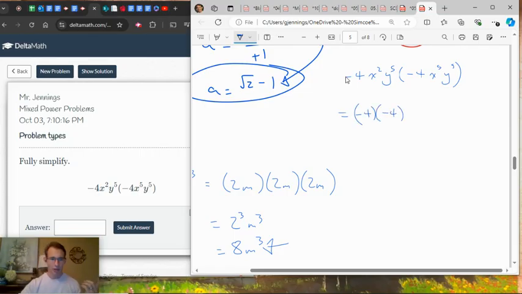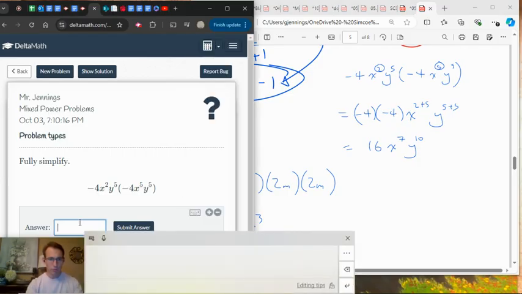You're not going to write this out, but I'm showing you what happens in my head. X to the 2 plus 5, because we add the exponents together in this case. Y to the 5 plus 5, because we add the exponents together in that case. That's positive 16, x to the 7, y to the 10. Very fast. You want to get so fast with these.